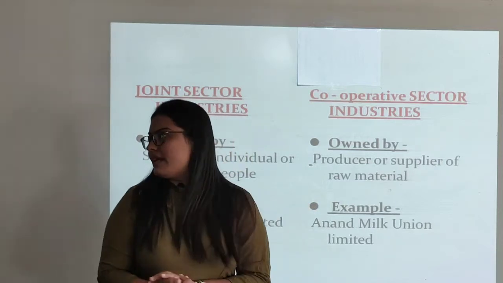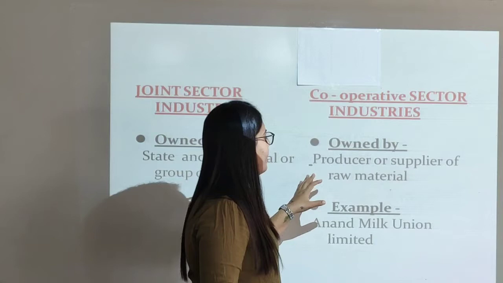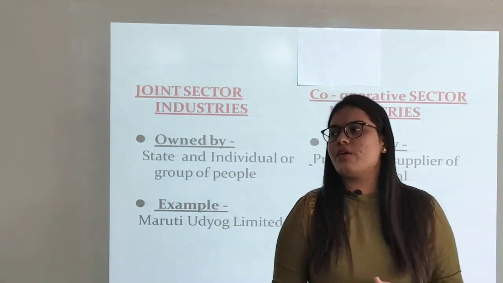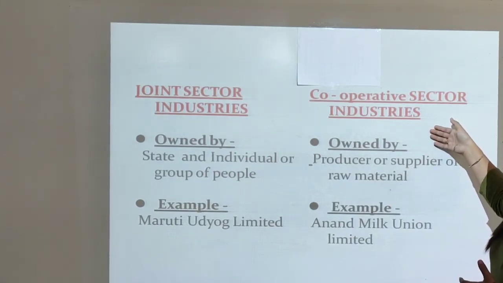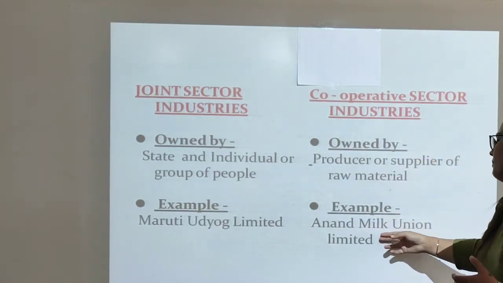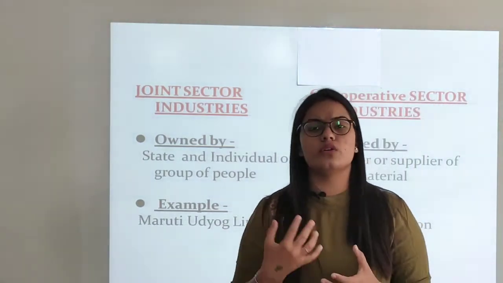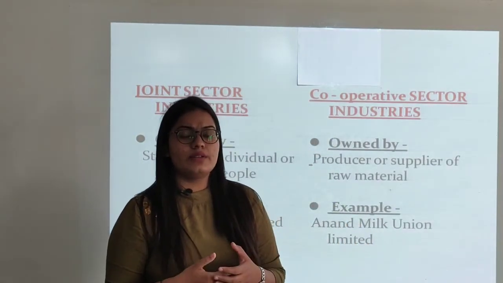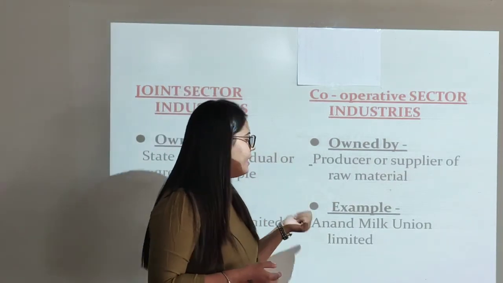Now next is the cooperative sector industry. What is the cooperative sector industry? The cooperative sector is owned by the producer or supplier of the raw material. The producer and the supplier of the raw material together form a cooperative sector industry. An example is Anand Milk Union Limited. The producer of the final product and the supplier of the raw material together form a cooperative sector industry.